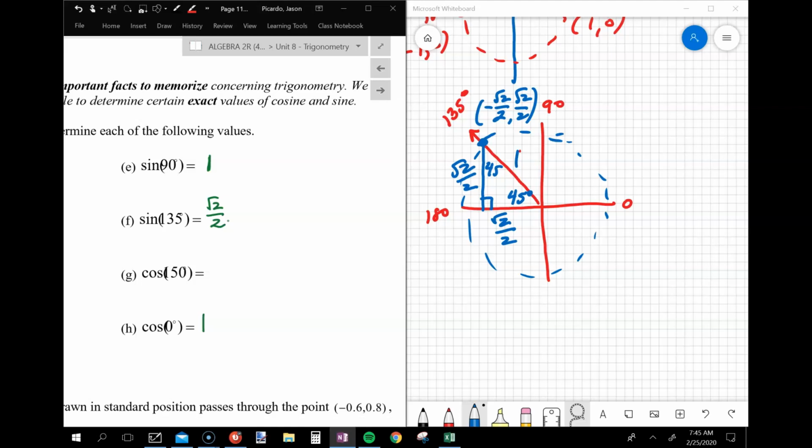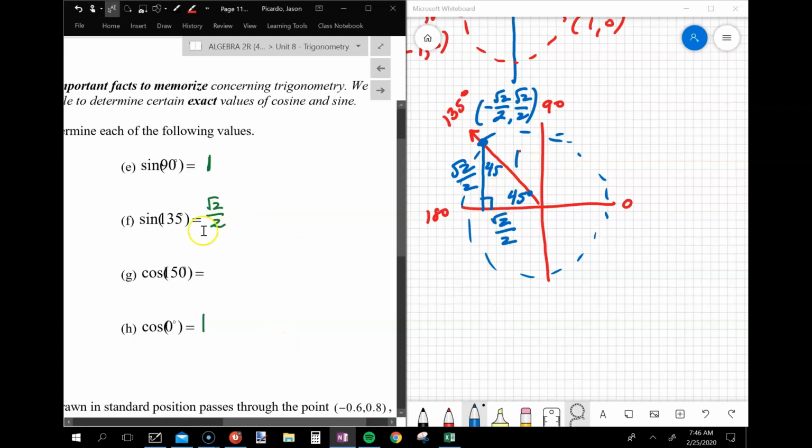Now, guys, here's the deal, right? All of these can be done on the calculator. So in a lot of respects, this is a total waste of time. However, there are skills within this that you have to be able to do in order to move on in math, okay? The other thing is this, guys.